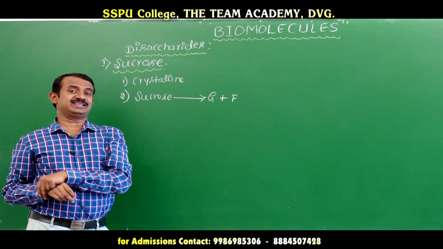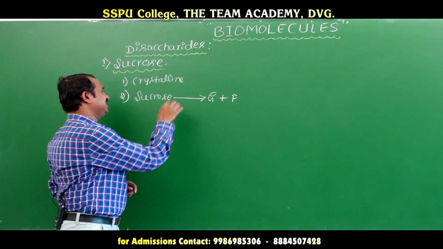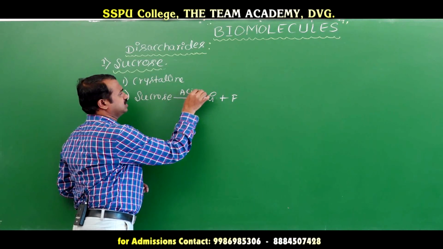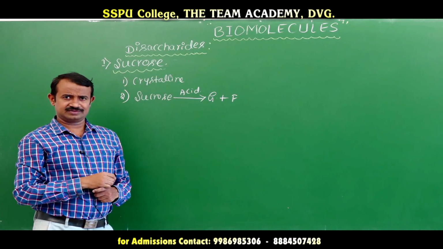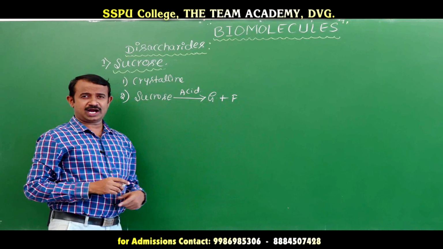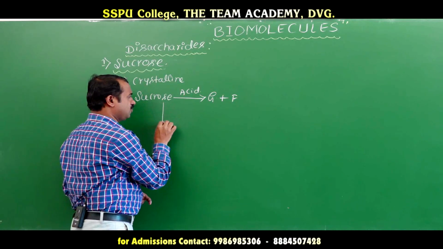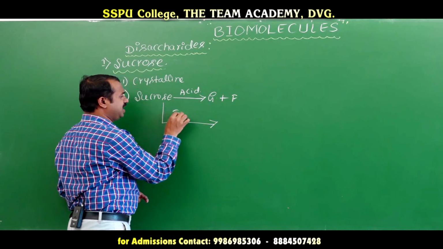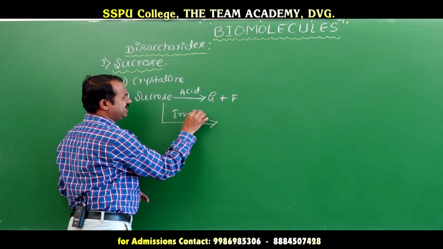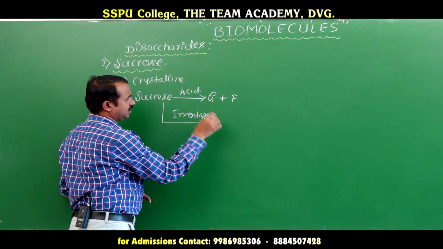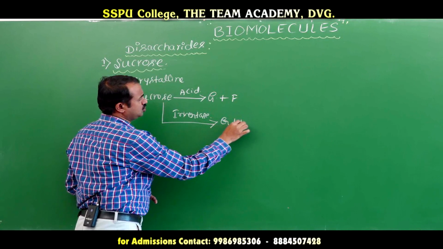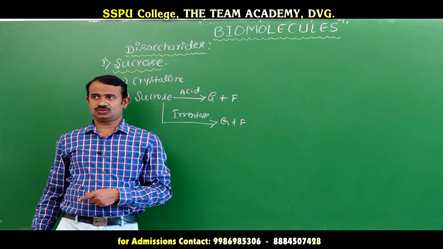There are two methods: the first is acid hydrolysis to form glucose and fructose, and the next is enzyme hydrolysis with invertase. Here also you get glucose and fructose.